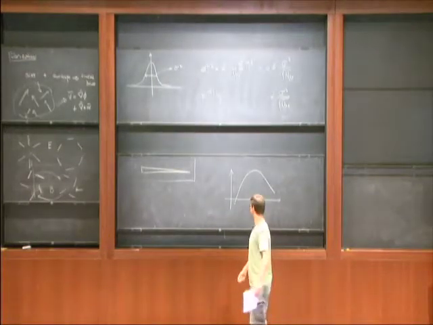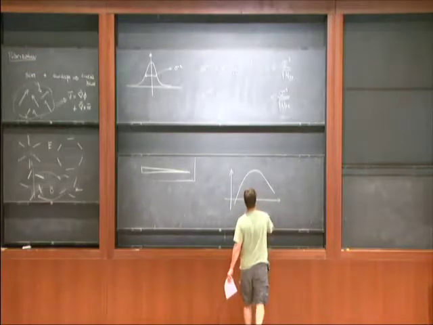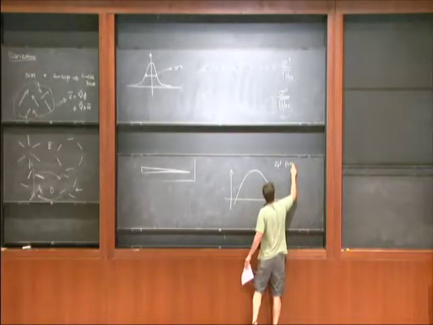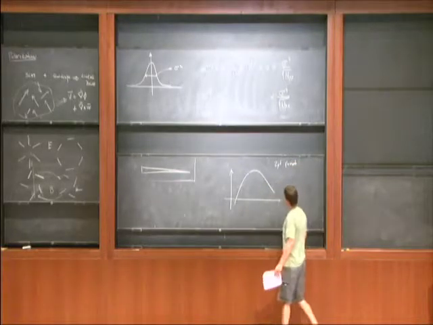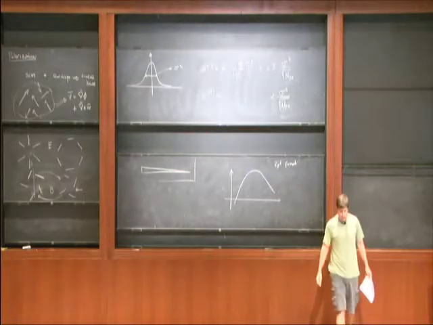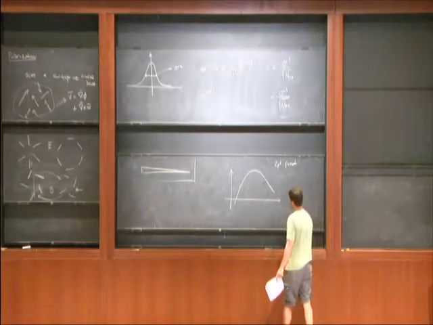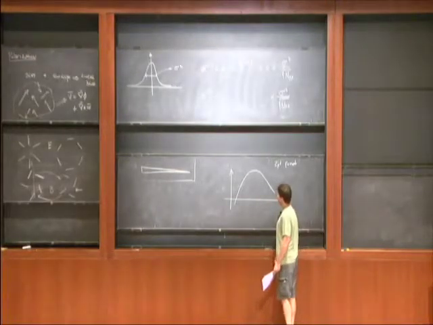Okay? So this is just the two-point function of dark matter in Fourier space. What about if I did the same thing with galaxies?